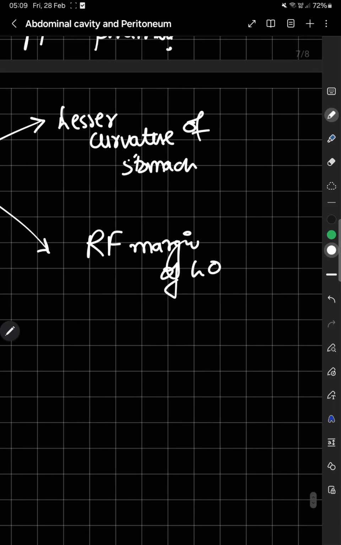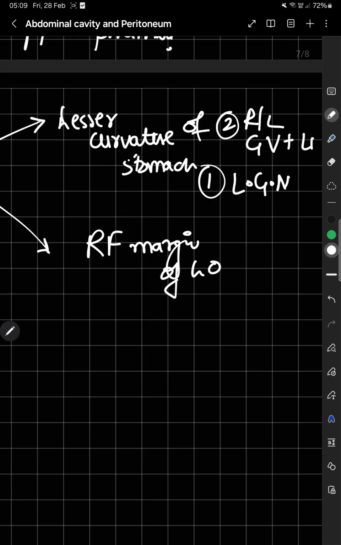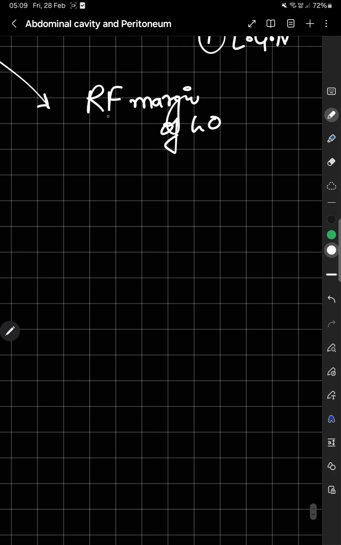In the lesser curvature of stomach, we simply have the gastric nerves, the right and left gastric vessels with their associated lymph nodes. Whereas for the right free margin, we have a trick, which is BP low, send help.